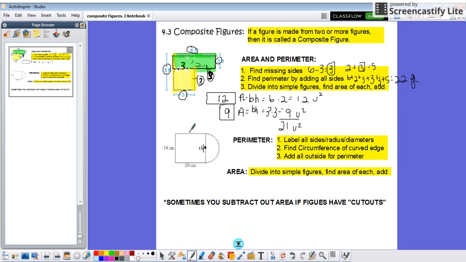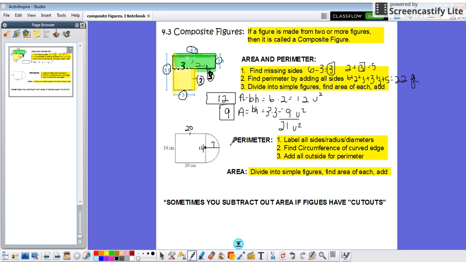If this side is 20, then this side is 20. So we've labeled all of our sides, our radius, which we don't need because we're not finding area yet, but we do know that if our diameter is 14, then our radius would be 7, and we'll need that later.